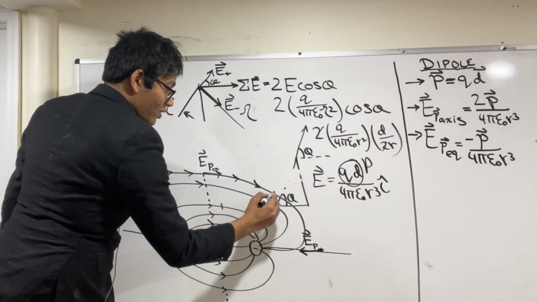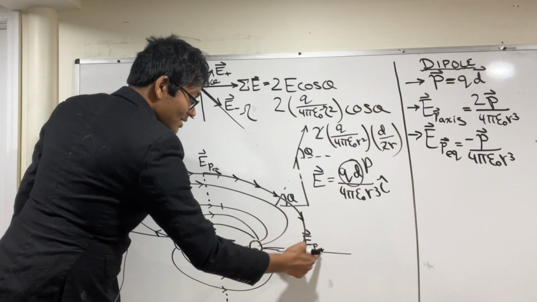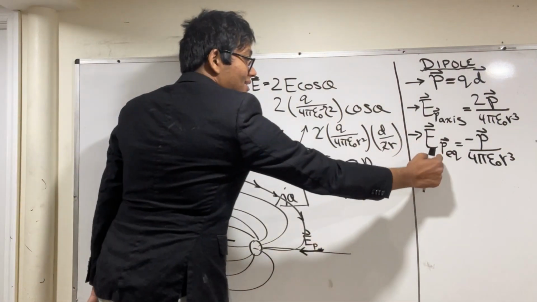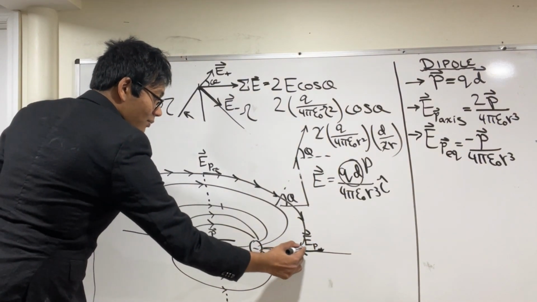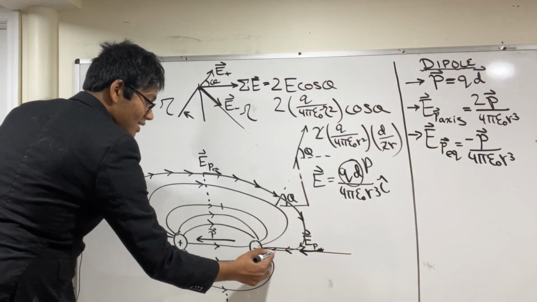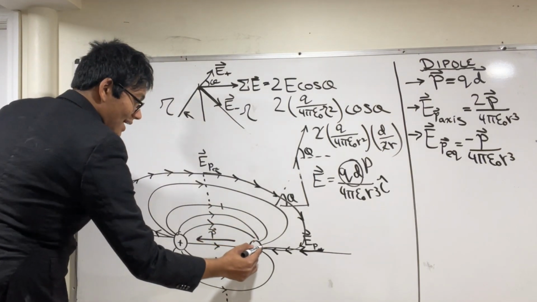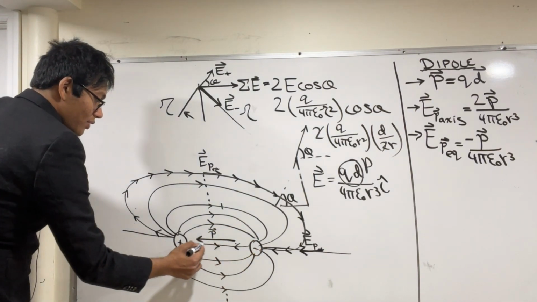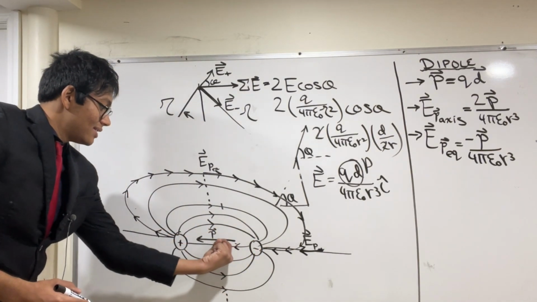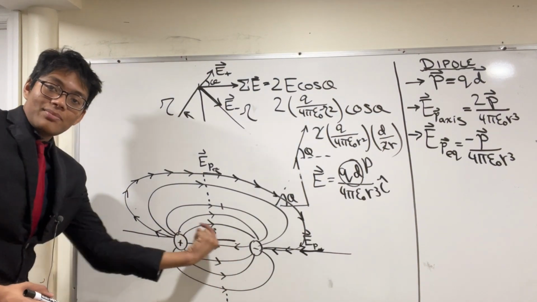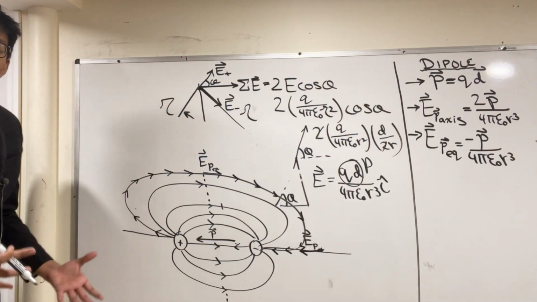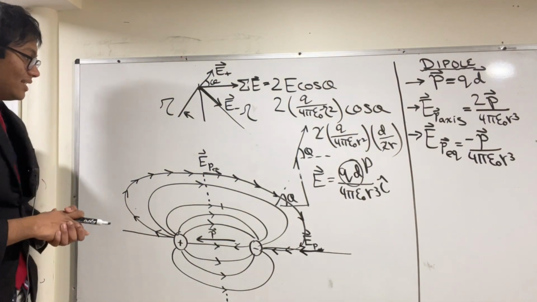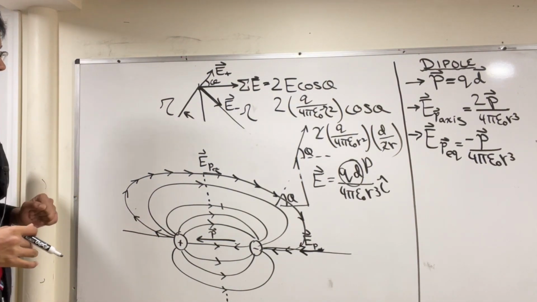You keep going, follow the field lines, and we calculated that the electric field of the dipole on the axis is in the direction of the dipole, and that exactly agrees with our intuition. And then if you keep going, you'll see that that's why the dipole moment goes from minus to plus, because you're just tracing out the electric field line. That's the idea.